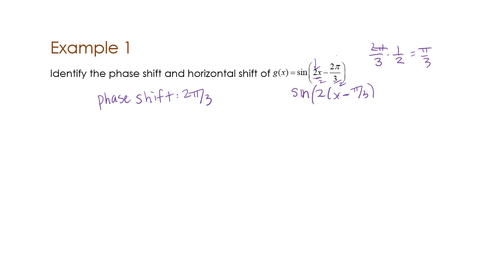So we'd say that the phase shift is 2 pi over 3, and that horizontal shift is pi over 3. And to be even more precise, we would say it's pi over 3 units to the right. So whenever it's the minus, we go to the right. If ever this is a plus, we go to the left.